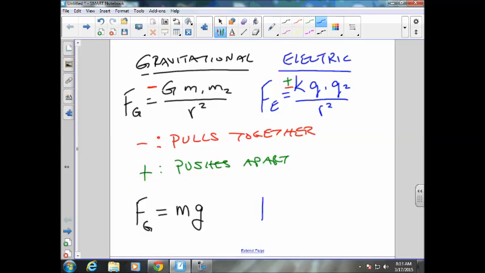If we talk about electric forces, in terms of just one charge, not two charges, but just one charge, then it would be that one charge times a value known as the electric field.